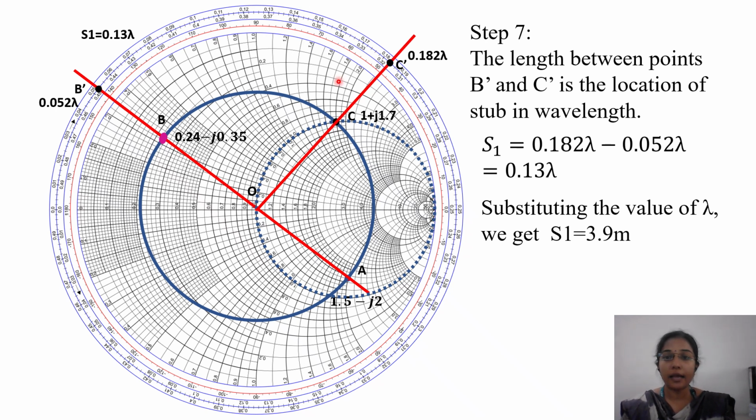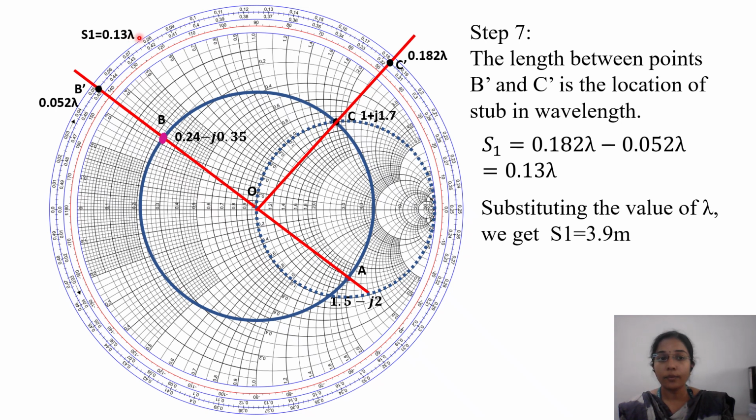So from that I have to calculate where I'll be placing my stub from the receiver. The difference between these two points will give the location of my stub. So this is 0.052 lambda and here it is 0.182 lambda. When I find the difference between these two, it is 0.13 lambda.